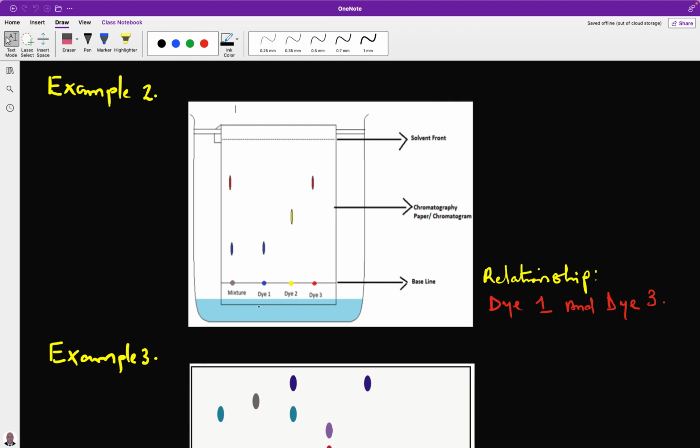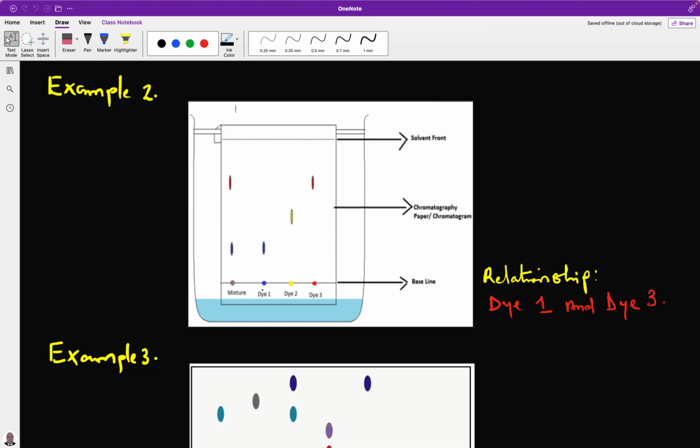Now, if we look at dye 1, dye 2, dye 3. The mixture has two colors: blue and red. Dye 1 shows a relationship with the mixture.